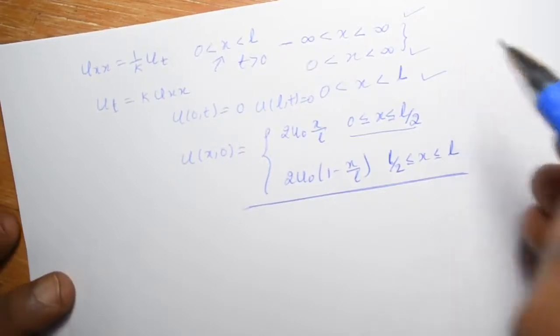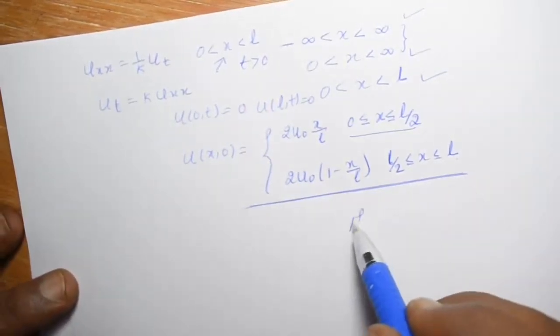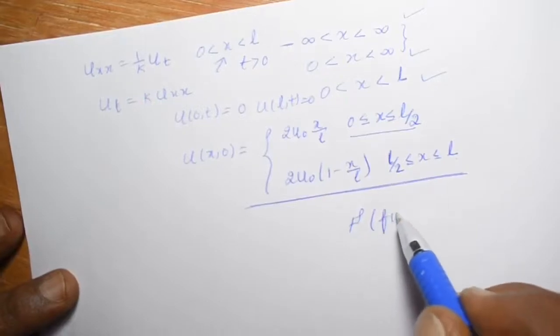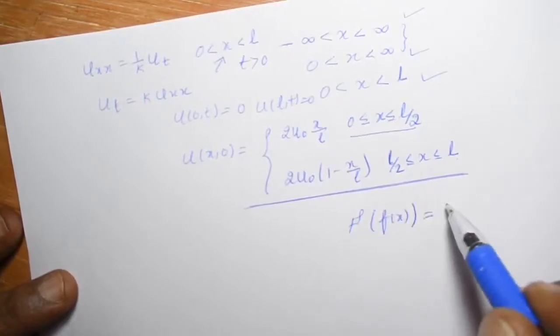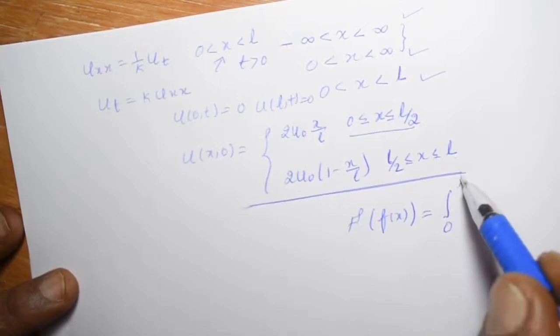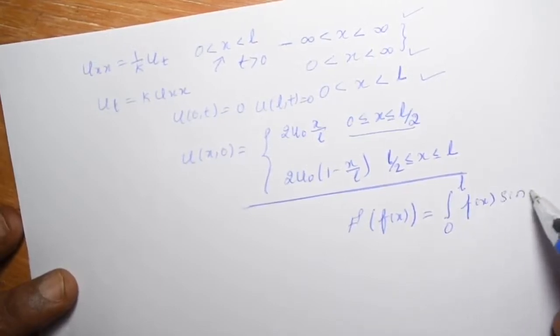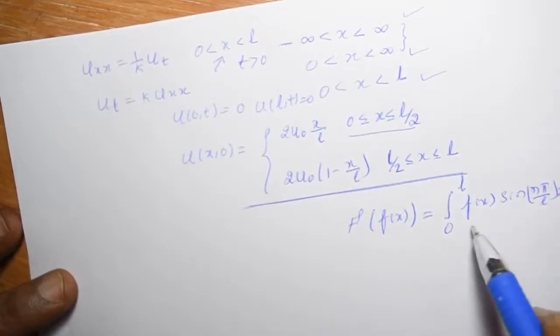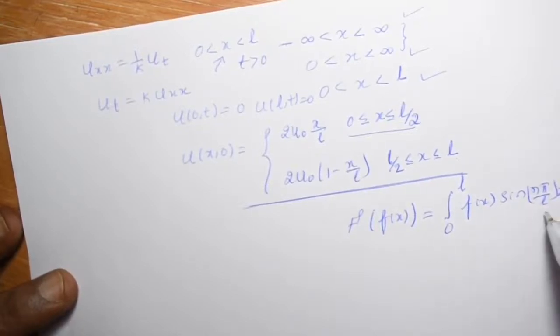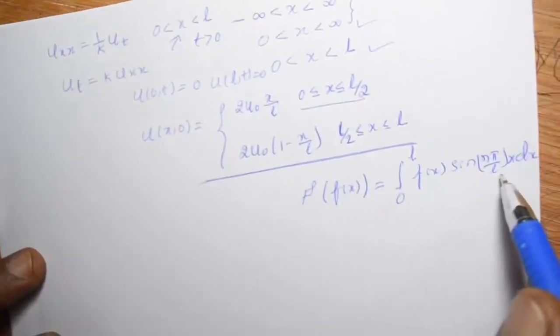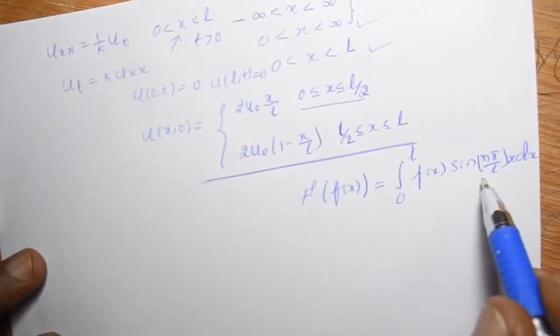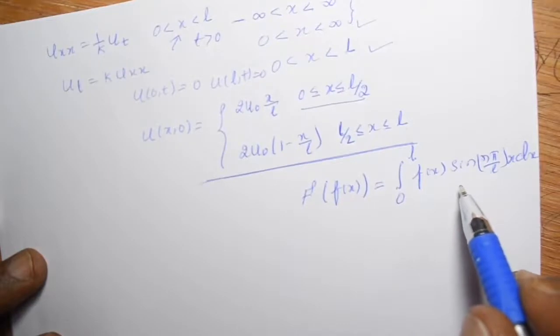There you know the Fourier transform of a function f of x is given by the integration from 0 to L of f of x into sin n pi by L into x into dx. This is the finite Fourier sine transformation. In a similar manner you can find the finite Fourier cosine transformation also.